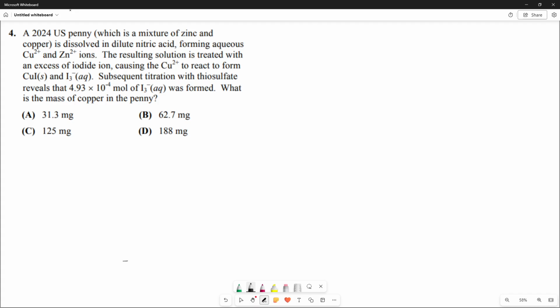First, our penny, which is Zn plus Cu, is dissolved in dilute nitric acid, and it forms Cu2+ and Zn2+. Then it's treated with iodide ion, I-, and it causes the Cu2+ to react to form CuI and I3-.